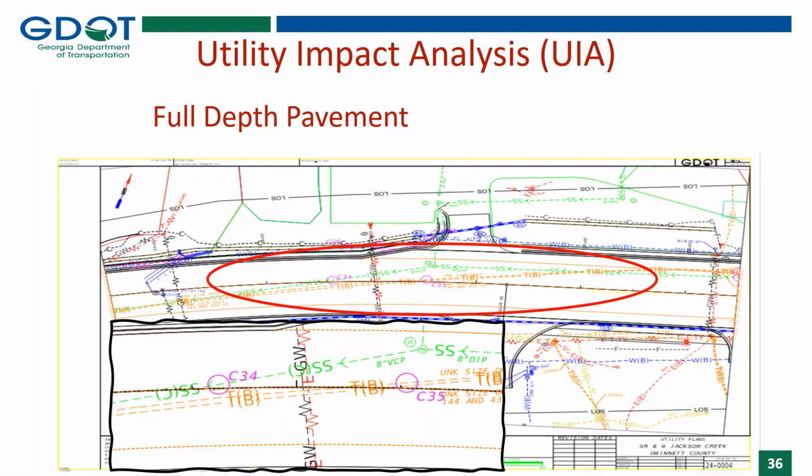Here we have the sanitary sewer line that's in conflict with the proposed full depth pavement. And we also have these two telecom duct bank lines that are going to be in potential conflict. So these must be shown on the UIA.